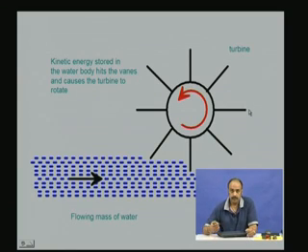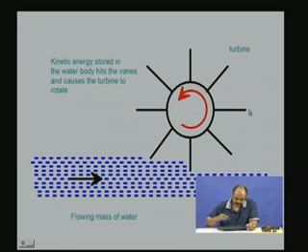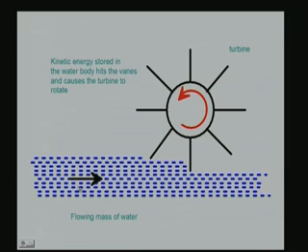Consider this particular diagram here. You see that there is water flowing, a flowing mass of water. There is a wheel with some blades connected to it, and the wheel rotates anticlockwise as shown here. And how does the wheel rotate?